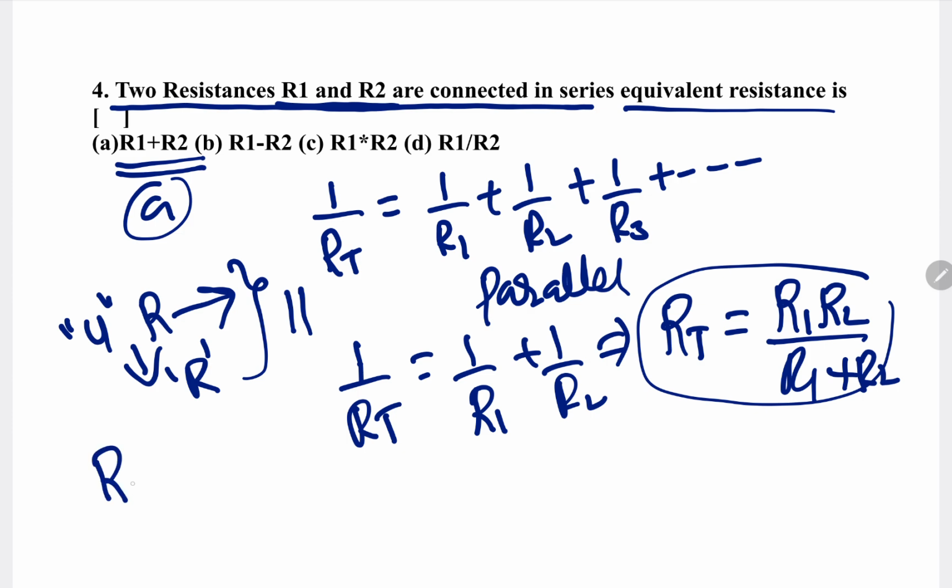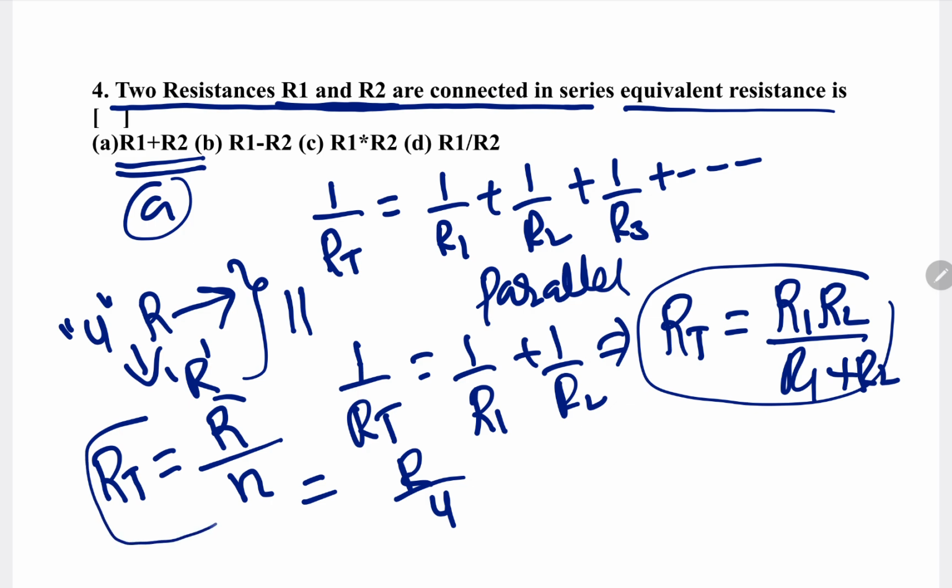One small formula you remember, whenever equal resistances R ohm, R ohm, R ohm, R ohm, like that 4 equal resistors are connected in parallel, each resistance value is R, then the total resistance formula is that resistance value divided by number of resistors. Resistance value is R. Number of resistors, how many are connected? 4 connected. So this is an important formula, R by N.